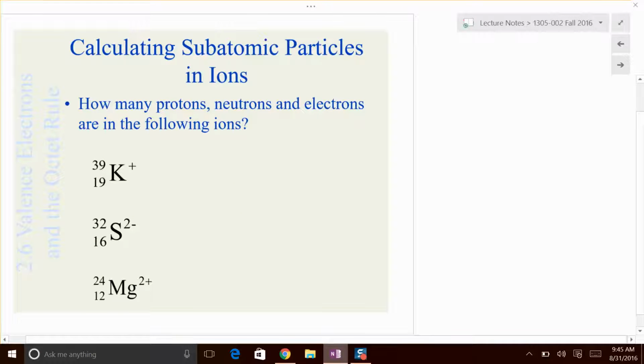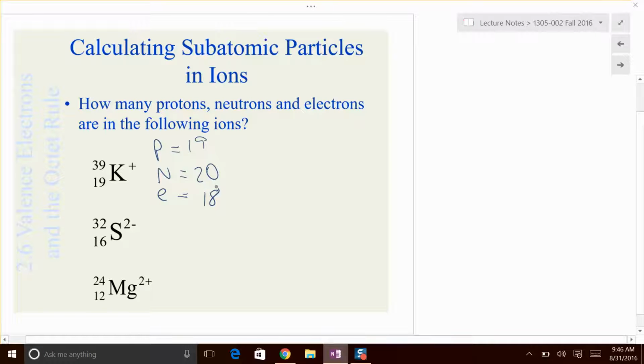Okay. How many protons, neutrons, and electrons are in the following? How many protons, neutrons, electrons? 19. Okay, 19. 19 electrons. I don't think it's 19. 19, oh, 20 neutrons. Okay. 20. How many electrons? 19. Not 19. Look at the charge. Oh, yeah. So 18.